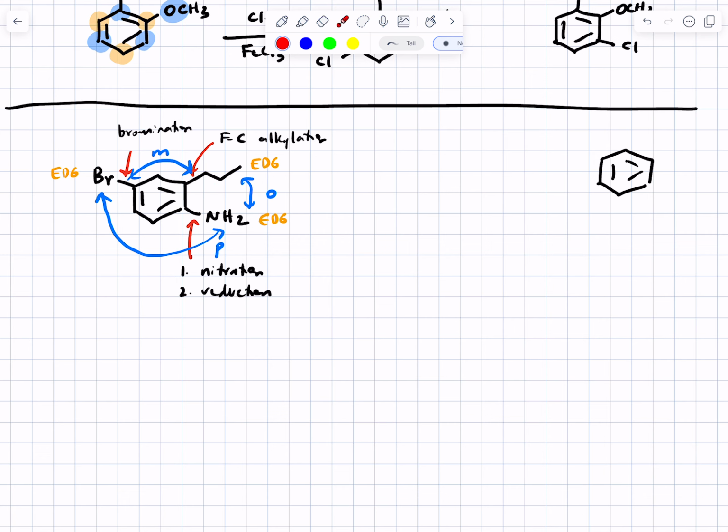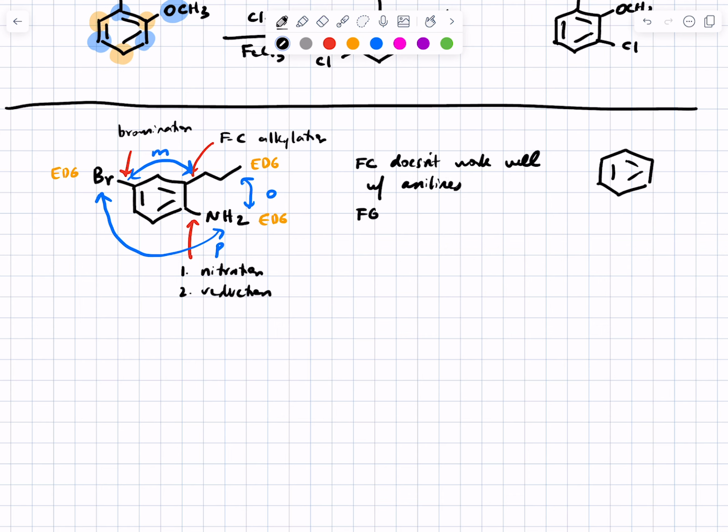All right. Another thing we're going to need to do is look for potential conflicts. For example, we're going to remember that the Friedel-Crafts reaction doesn't work well with anilines.